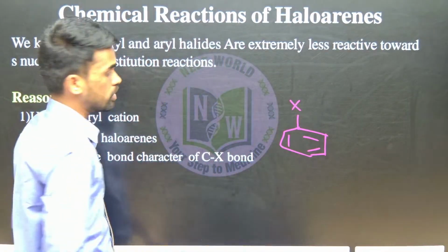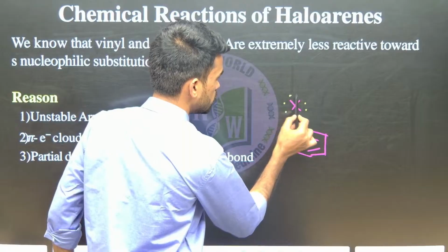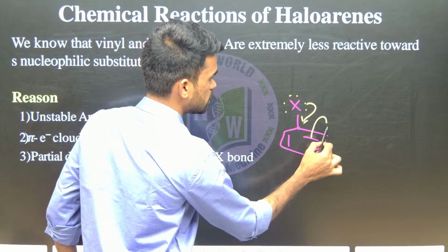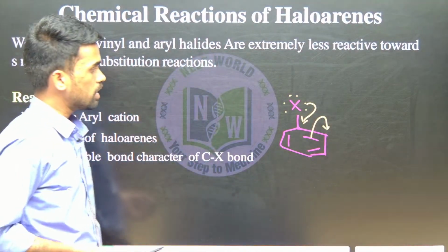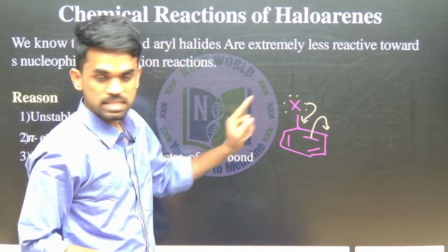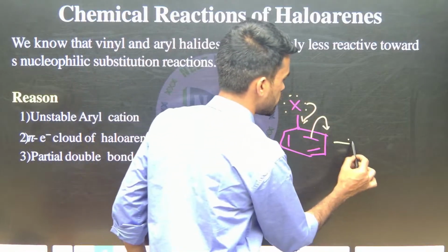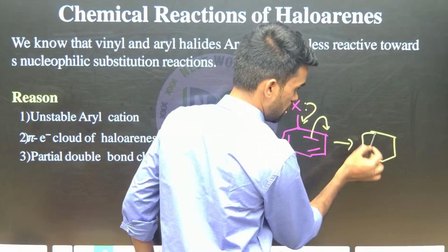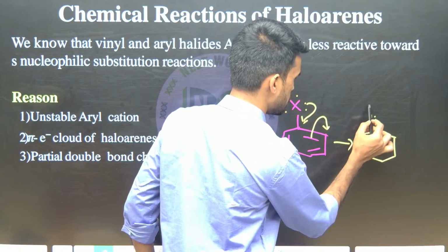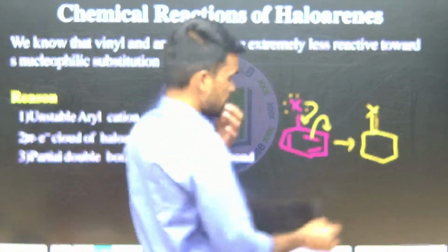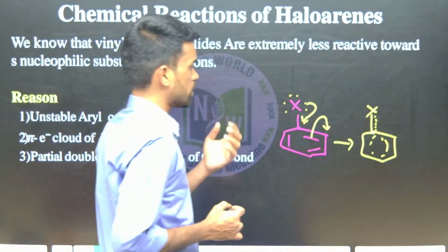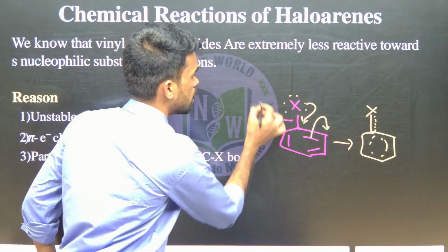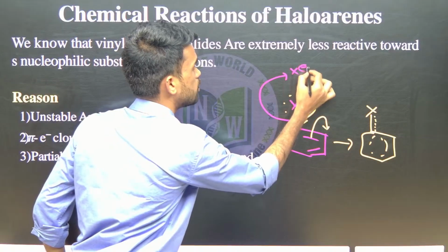If you observe, the lone pair electrons of the halogen will be in conjugation with the ring electrons. Normally it looks like a single bond, but due to the conjugation it has partial double bond character between carbon and halogen. Due to this reason, the halide ion cannot be removed easily.